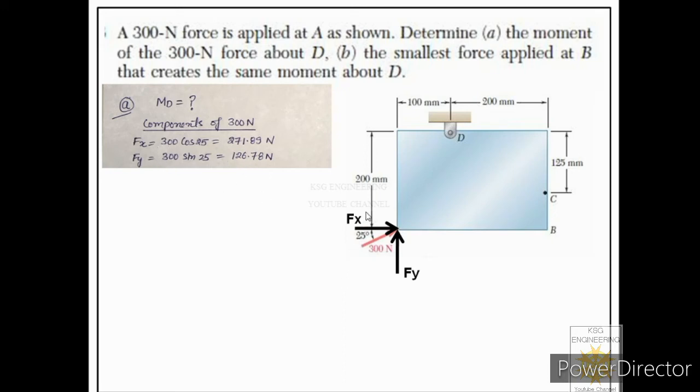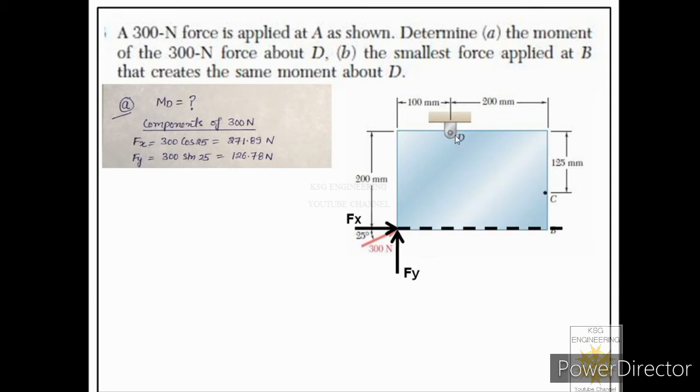Now let us first find the moment because of this particular component Fx. How to find the moment of this component about D? For that we need its magnitude and its moment arm. We have already found its magnitude. Now we have to find its moment arm. How can we find the moment arm of this force? First of all, draw its line of action.